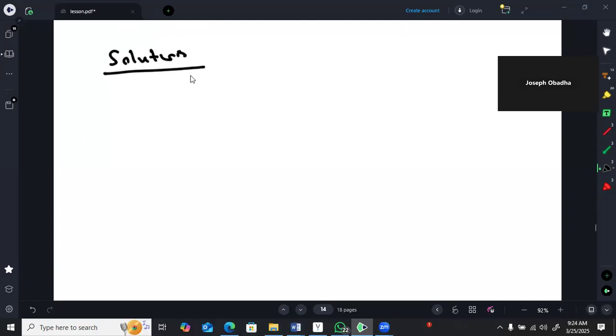We have said the design equations, which most of the times will be provided and you may not need to derive, would be as follows.